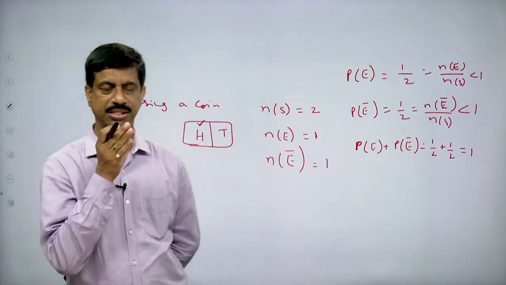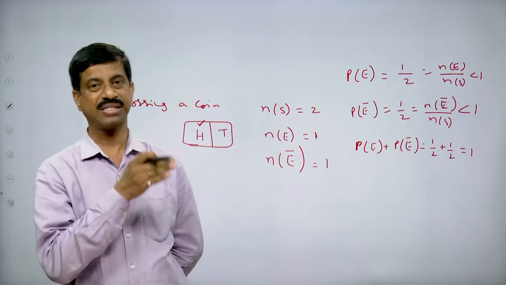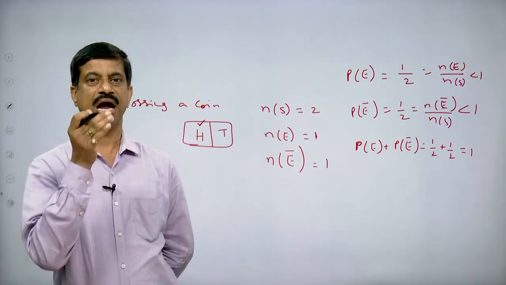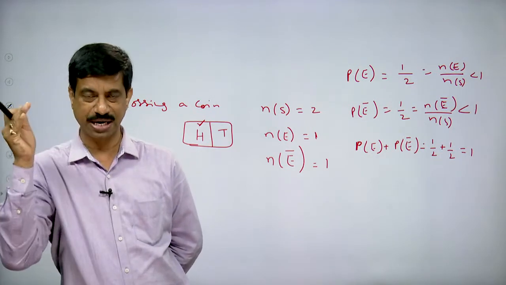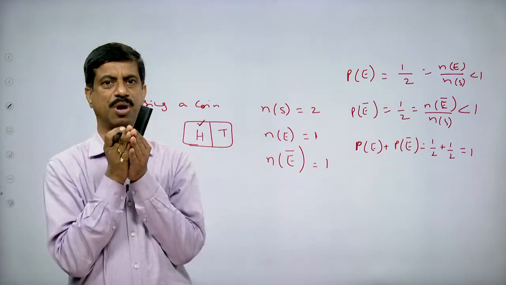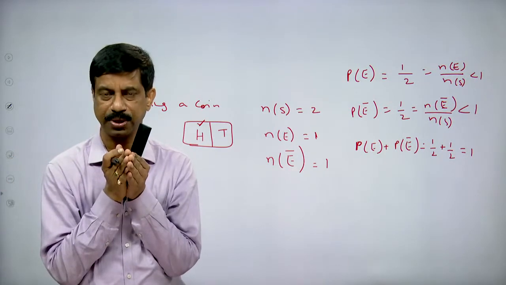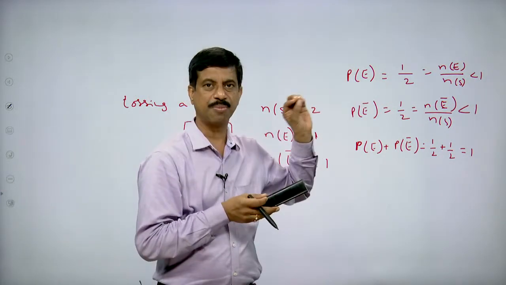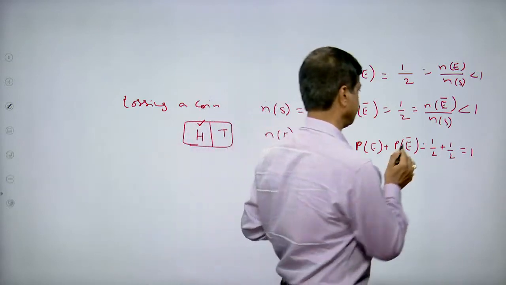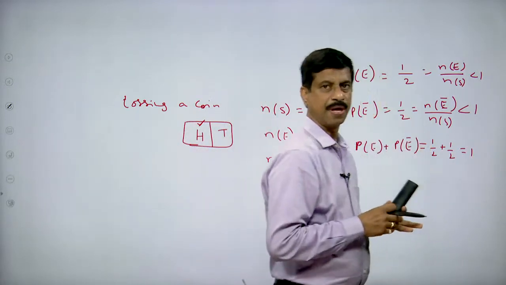If any sample space has a certain number of events and we are talking about the happening of all the events independently, the sum of all those probabilities should be equal to 1. The sum of probabilities is 1, which cannot be greater than 1.